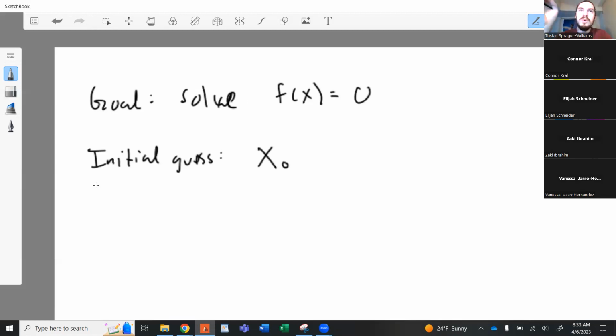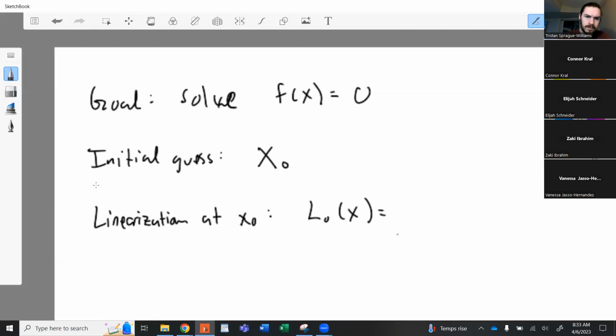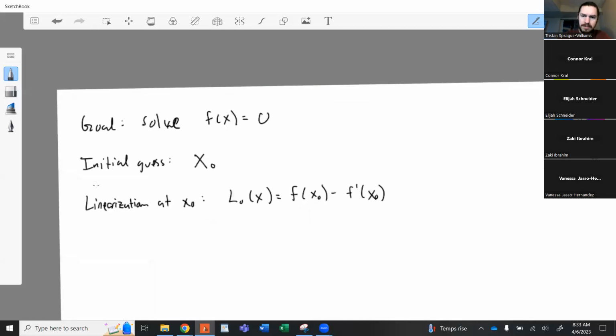All you need to do is say, all right, my linearization at x0 looks like this.